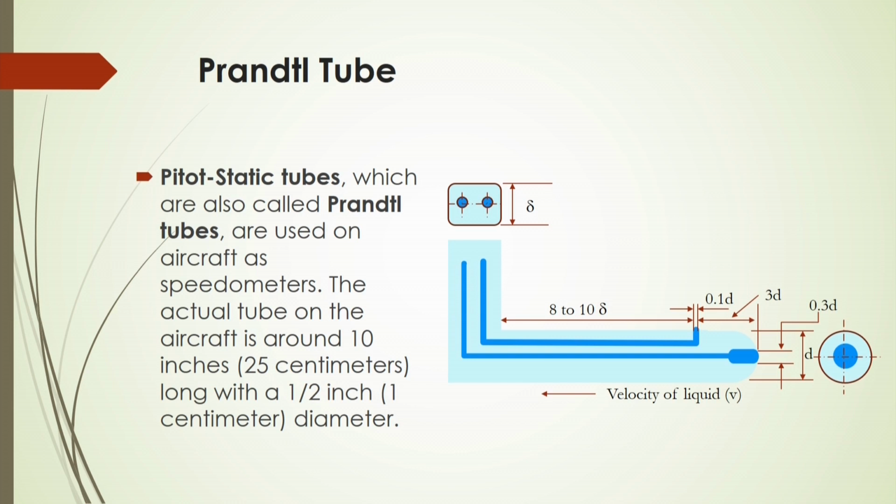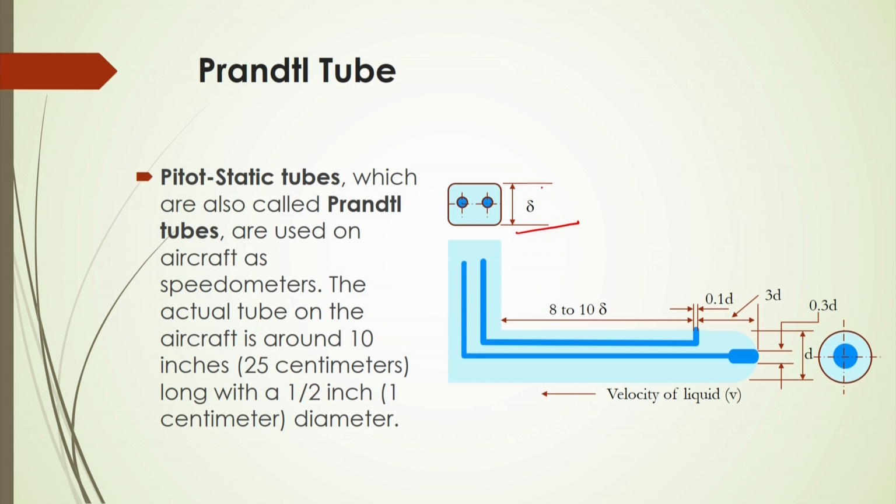The actual tube on the aircraft is around 10 inches, that is 25 centimeters long, with a half inch or 1 centimeter diameter. So, in that case, how was the Prandtl tube actually designed at that age?